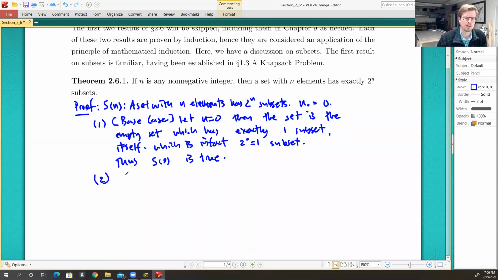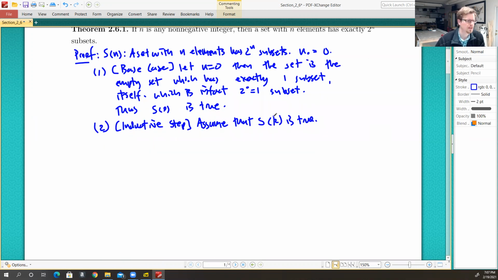Excellent. So the next thing we want to look at is the inductive step. All right, let's assume that S of k is true. Then a set with k elements has exactly 2 to the k subsets.